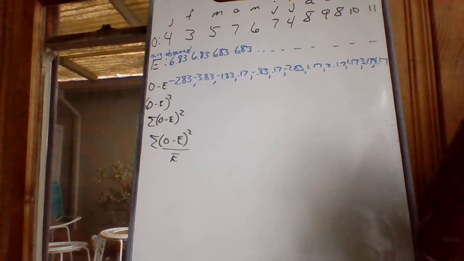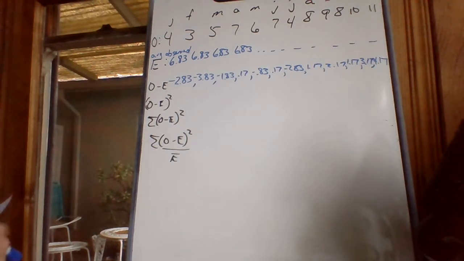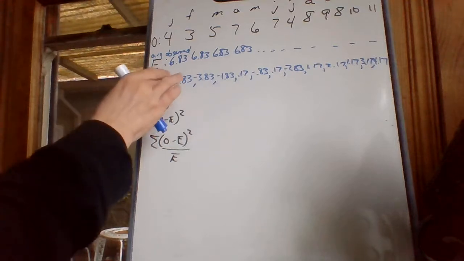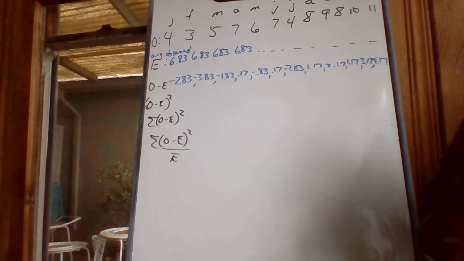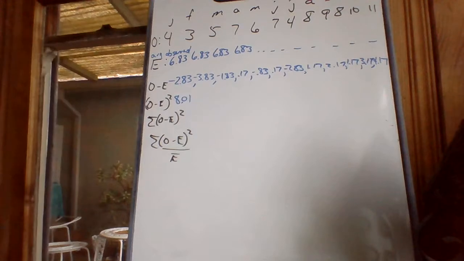Now, observed minus expected squared. That's the next part of the formula. Remember that when you square a negative, you get a positive. Negative 2.83 times negative 2.83 is positive 8.01. Every single one of these numbers is going to come out positive. There's no way to have negatives in this line.